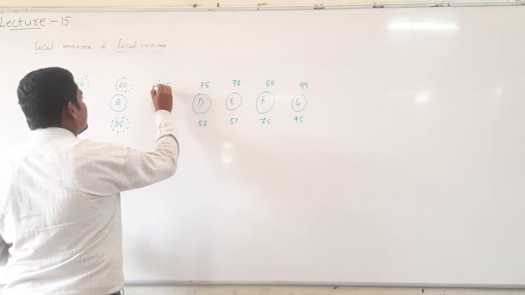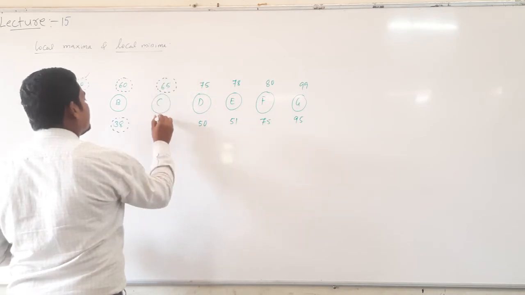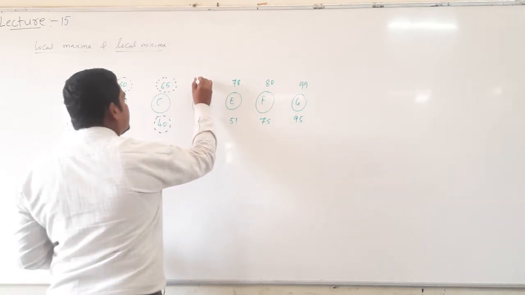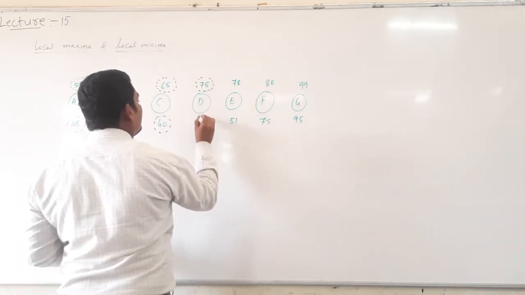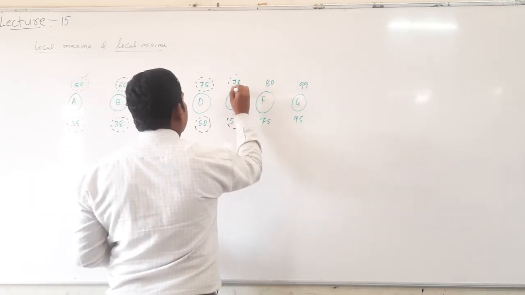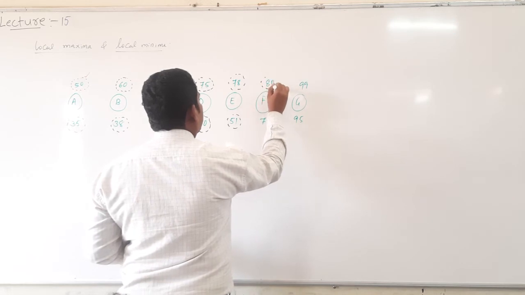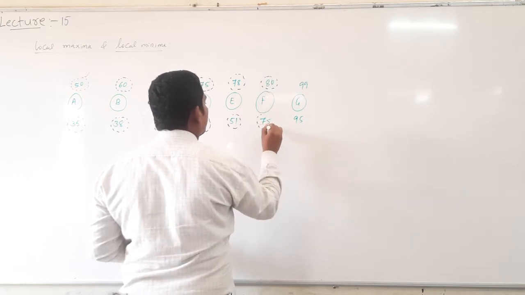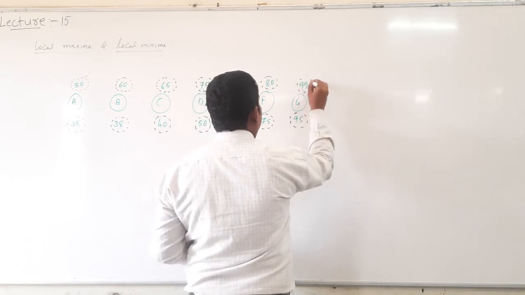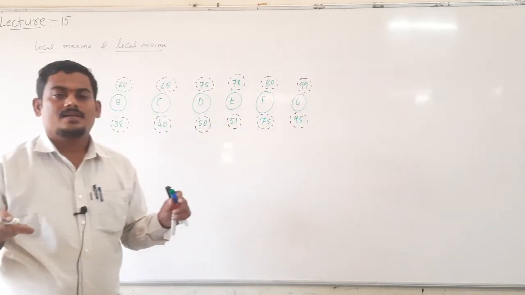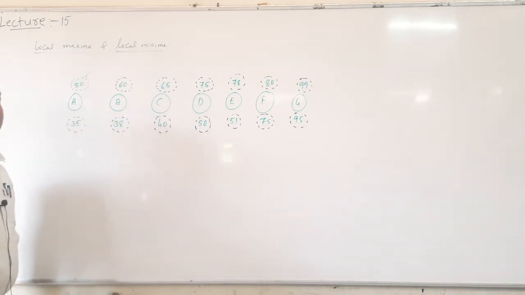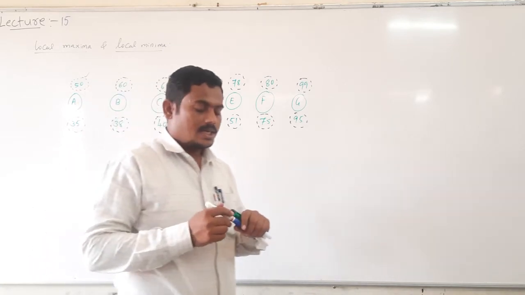When compared to C section, highest 65, lowest 40; 75 and 50; 51, 78; 80, 75; 95, 99. In some interval, 50 is the maximum, 35 is minimum.